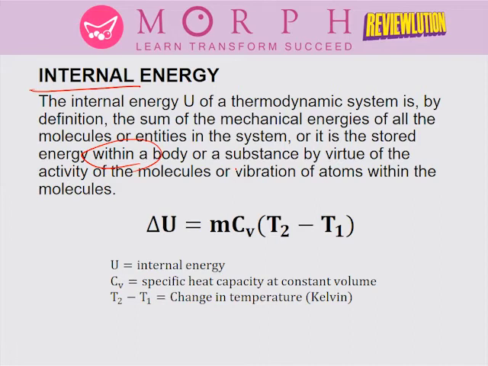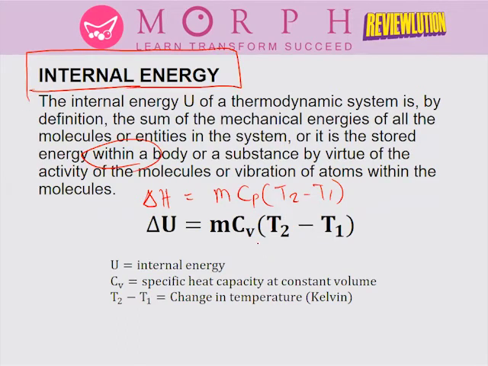Okay, ngayon, kung mapapansin ninyo, magkamukha lang parehas almost yung ating formula ng internal energy at saka ng ating enthalpy. Now, to make a comparison, isulat ko natin dito. Enthalpy was mCp delta T or change in temperature. Ngayon, kung mapapansin ninyo, internal energy is gumagamit ng Cv.